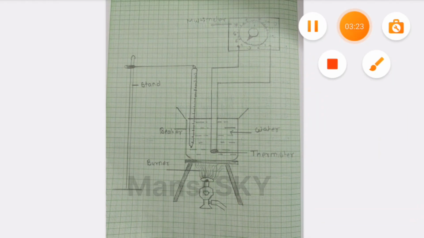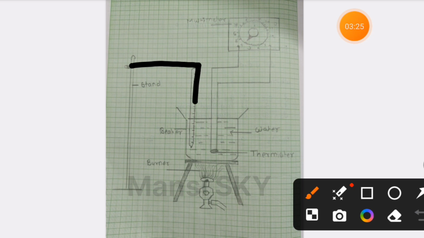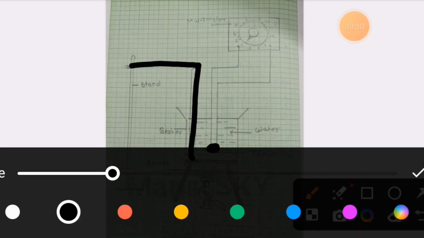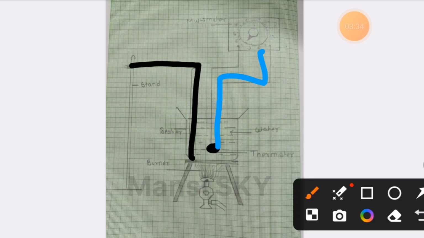The thermometer is inserted in the water, the thermistor is connected to the DMM, and the burner is started here. So this is the diagram or the setup of our experiment. Let's move on to the next page.